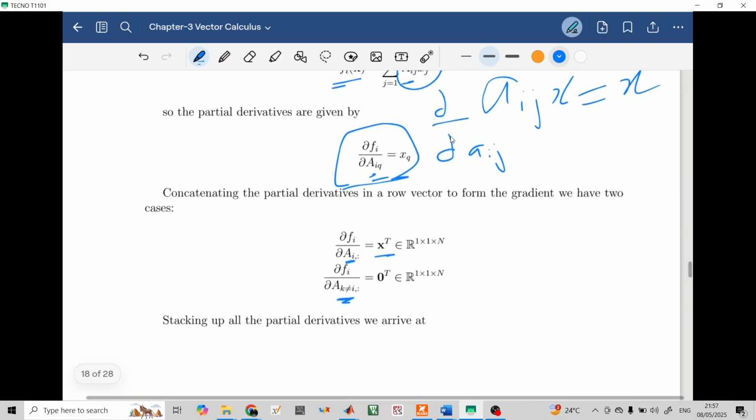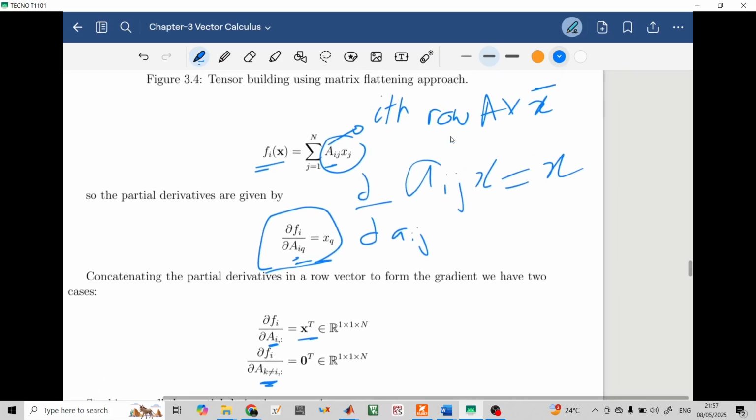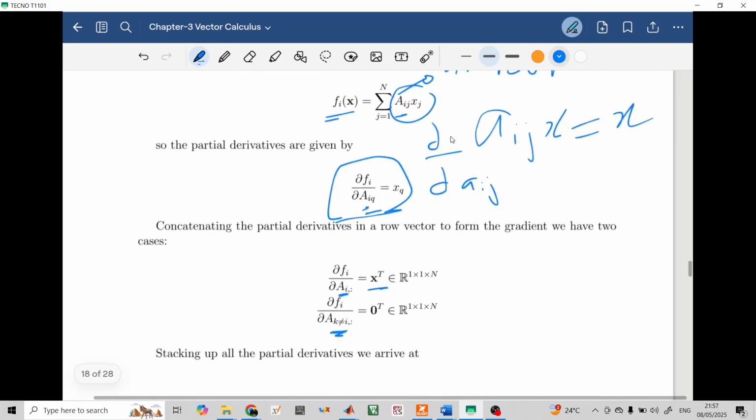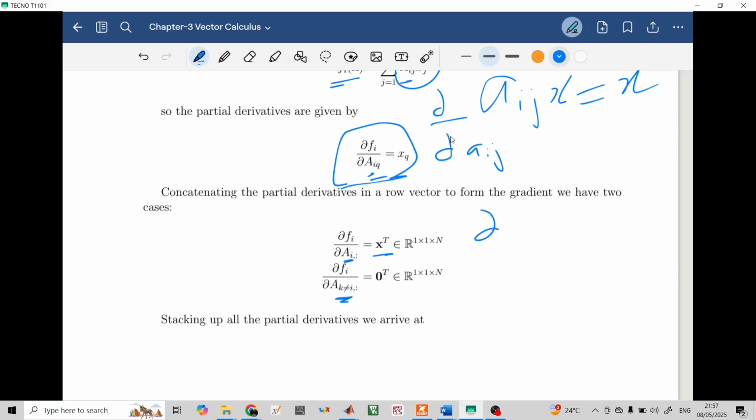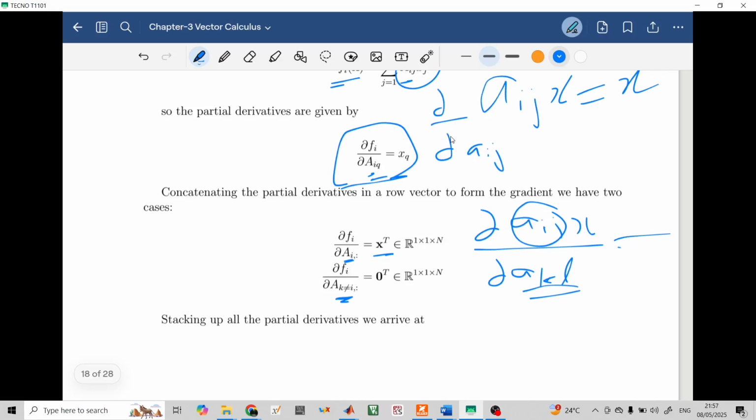Let's say I want to take the derivative of this with respect to another element, KL. So this is ij, this is a different variable. When I'm taking the partial derivative with respect to a different variable, this will equal simply 0.